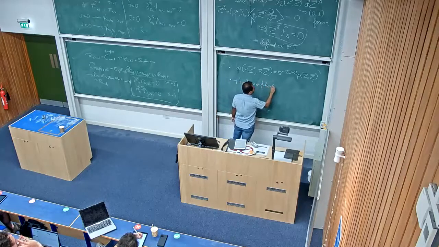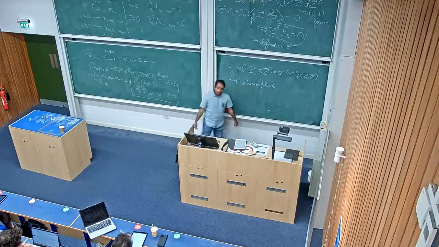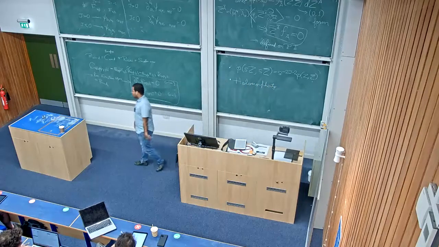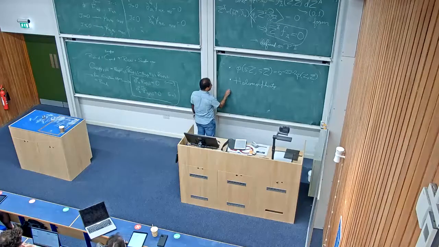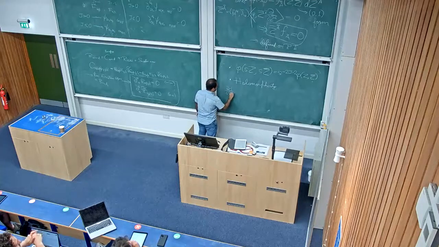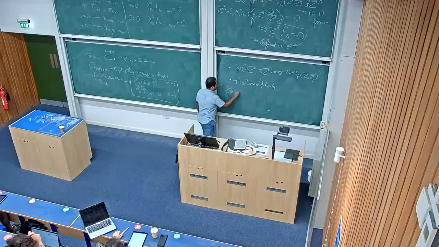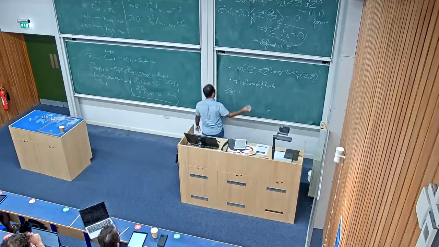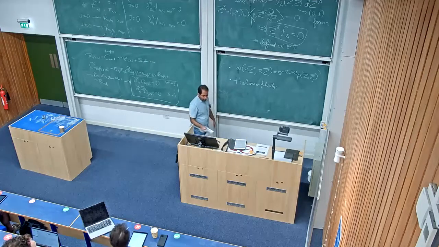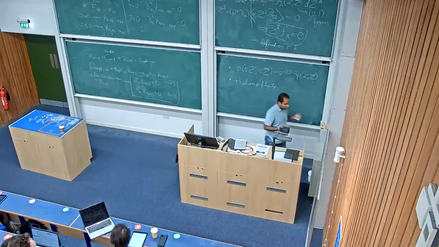Holomorphic functions are defined by the Cauchy-Riemann equations. So if I had a holomorphic function f, don't write this down, this is just to remind you, it would be holomorphic if it's annihilated by d by dz bar for all the z bars. That's holomorphic functions. Holomorphic one forms are defined by a generalization of this.